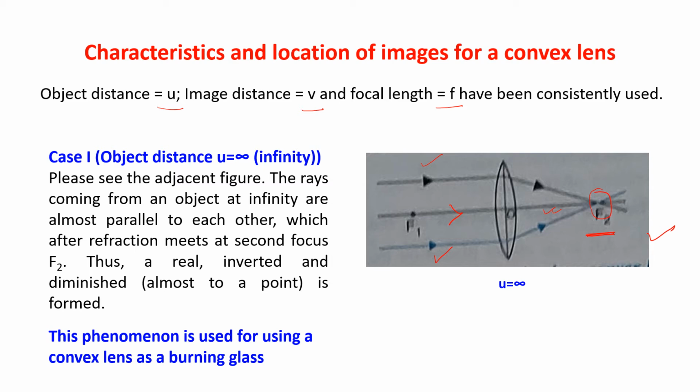Then all the rays which are coming parallel from the sun, that is, the object is the sun which is at infinity, all the rays will converge at the focus and heat will be produced and it can burn the paper also. So if this is the question, then you have to draw this ray diagram.